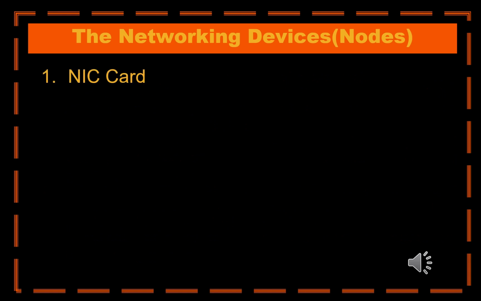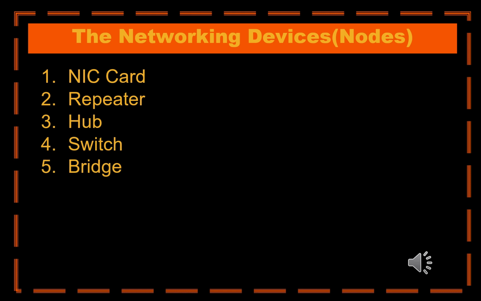The next thing we are going to see is the components of a network. In general, we have message, sender, receiver, medium, and protocol. The message is the actual data or information to be sent. The sender sends the message. The receiver receives the message from the sender.